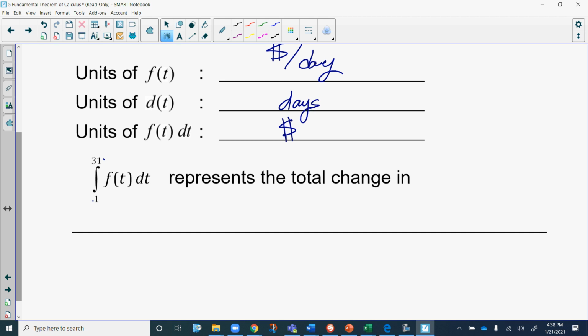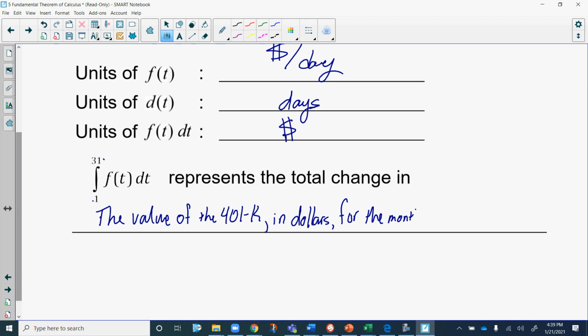So here, the way that I would represent this is I would say this definite integral for the situation that they're giving us is going to be the value of your 401k in dollars for the month of January.